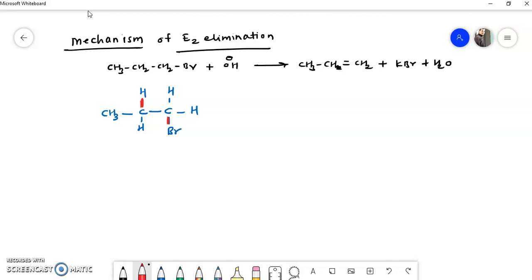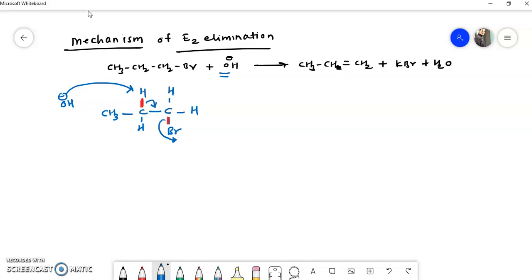As I said earlier, in beta elimination this C-H bond and C-Br bond break simultaneously. Now how does it break? See, in the surrounding there are OH minus ions. That means a basic solution is there, so this OH minus is a base, so this OH minus abstracts this proton, this bond shifts here, and this bromide along with the bonding pair goes away.